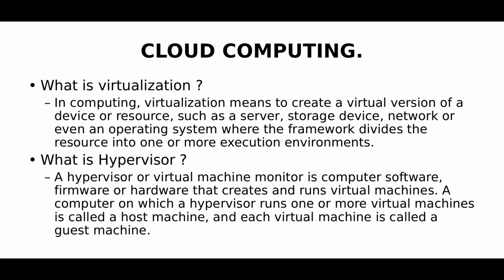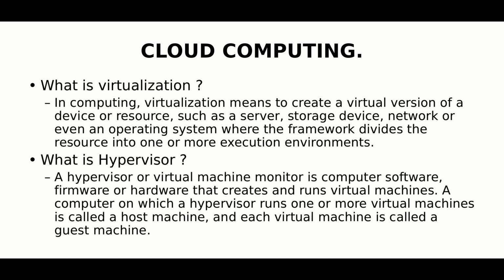A hypervisor or virtual machine monitor is computer software, firmware or hardware that creates and runs virtual machines. So to run virtual machines, you will need a hypervisor, an application that helps you run them.